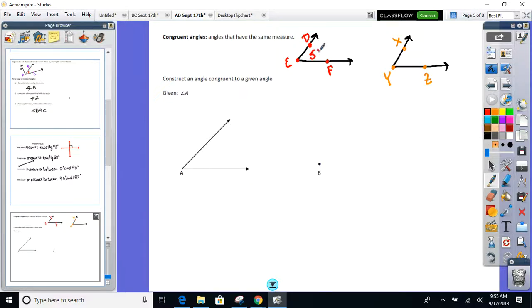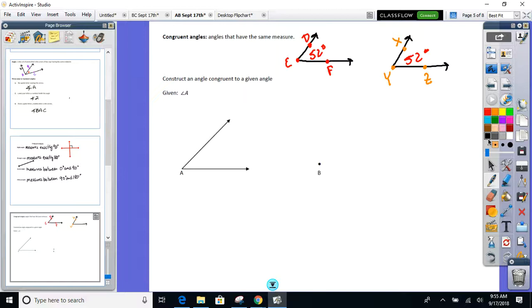And 52 degrees. We're all in agreement they have the same angle measure. 52 degrees, that makes them congruent.